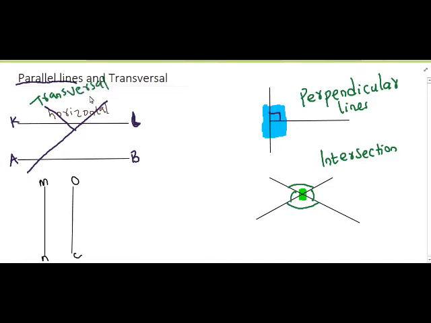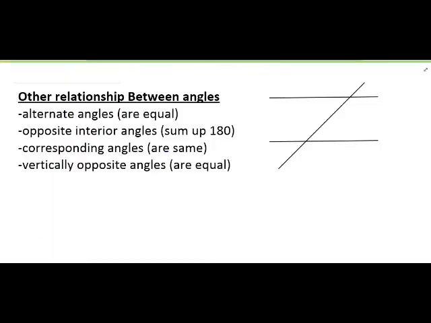Don't mind the fact that I had to obstruct my horizontal line here. So it can also happen here. If I have a line cutting across this point, this line is also known as a transversal. So a transversal is a line that cuts across a parallel line, or that cuts across a line.